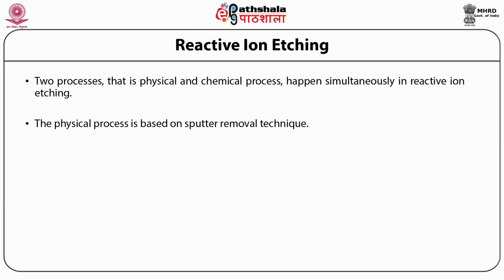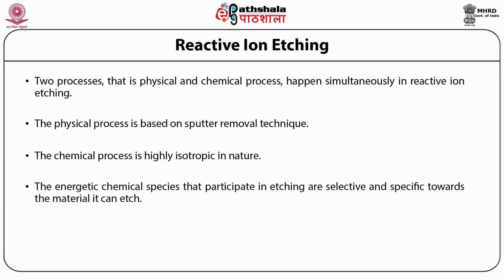In this ion bombardment process, the rate of etching is dependent on the sputtering yield. It shows poor selectivity. The chemical process is highly isotropic in nature. The energetic chemical species that participate in etching are selective and specific towards the material they can etch.